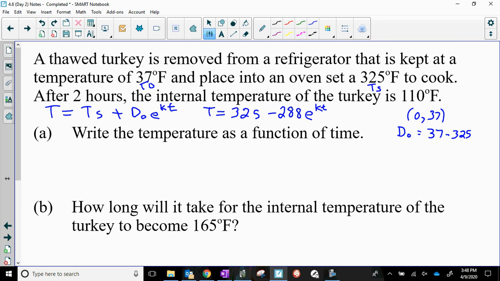So this is when we're going to take a look at a pair of a specific time with a specific temperature. So after 2 hours, somebody took the temperature of the turkey and found out it was 110 degrees.